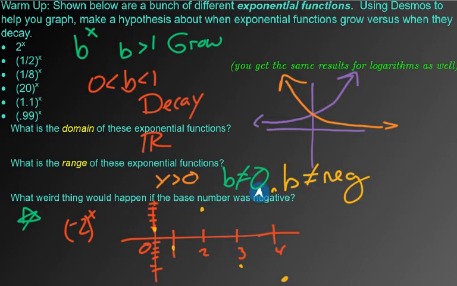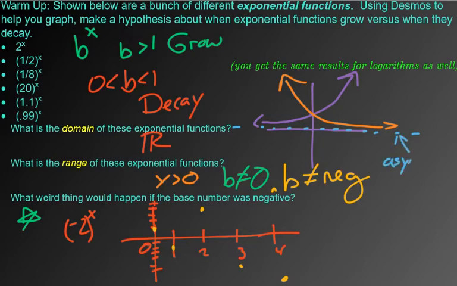And because of this, you never get an exponential function that would have a range down in here. All the range values are going to be positive. So, built off of last unit, the x-axis is acting as an asymptote for the graph.